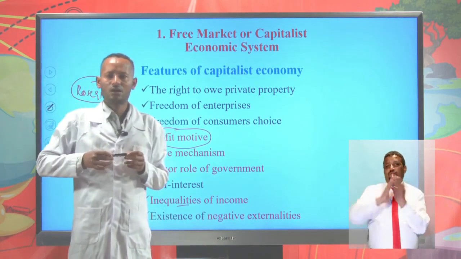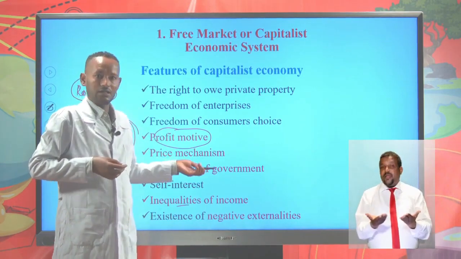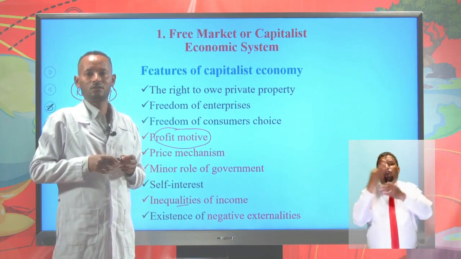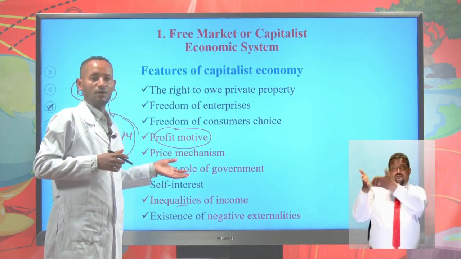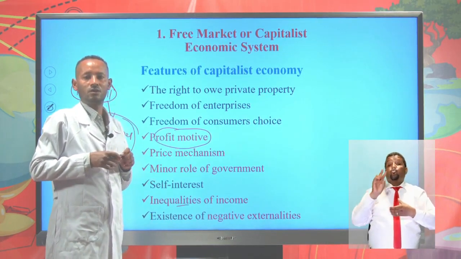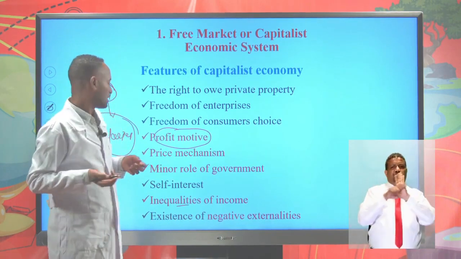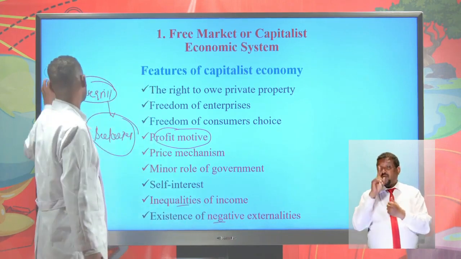Another example, for negative externality: if there is an industry engaged in manufacturing that is located around residences, there is carbon emission, so it affects the livelihood of individuals. In this case there is negative externality. So negative externality is one of the features of the capitalist economic system.